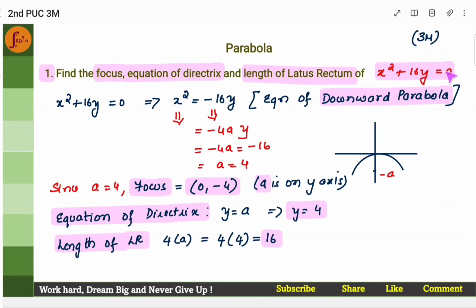Since the equation is given, you shift this plus 16y to the other side. It becomes minus 16y. Now you'll have to remember which parabola it is. This one is a downward parabola. Why is it downward? Because there is a negative sign here: y is negative, minus 16y.